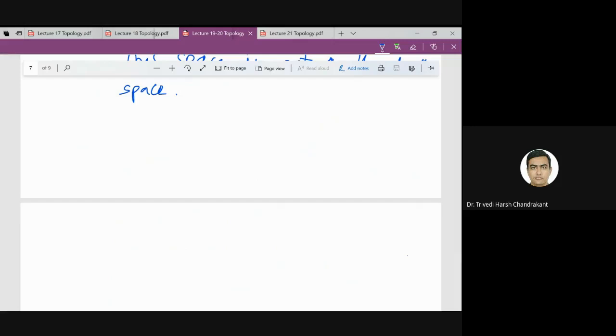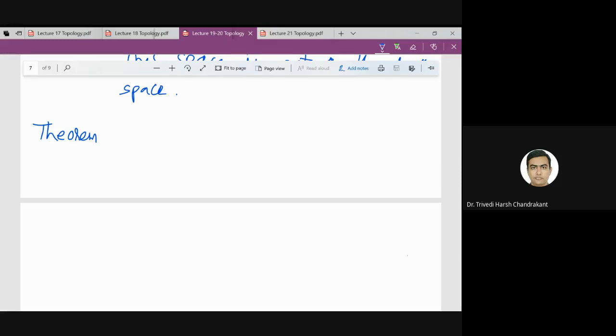Now let us see one simple result regarding Hausdorff spaces. We know that every finite subset of the real line is closed.